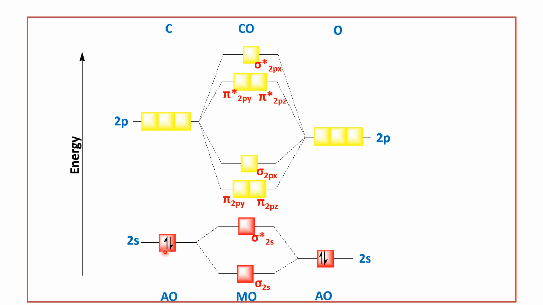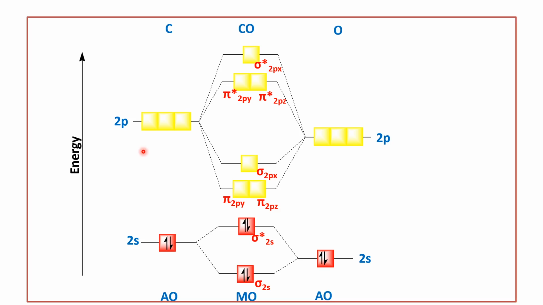So in total we are having 2 plus 2, 4 electrons in the 2s. These 4 electrons first of all fill the bonding and then the anti-bonding. So we are having the first electron from the carbon and then oxygen, again from carbon and the oxygen. So it is completely filled. The sigma 2s and the sigma asterisk 2s are filled by the electrons.